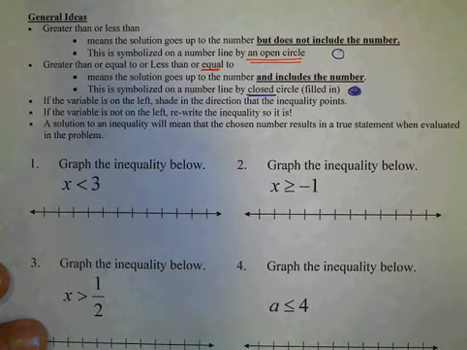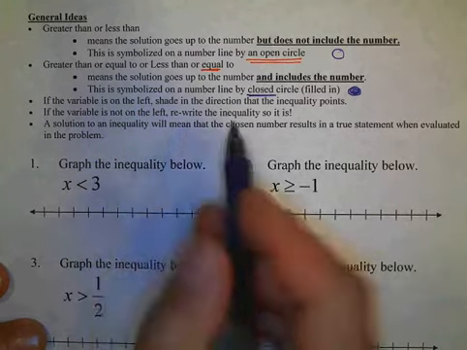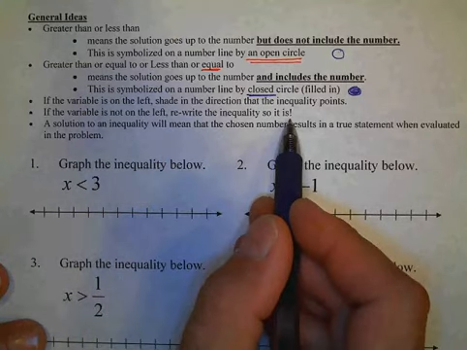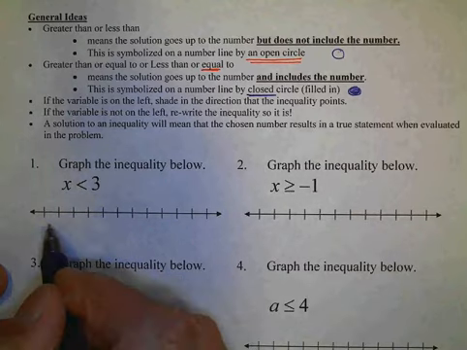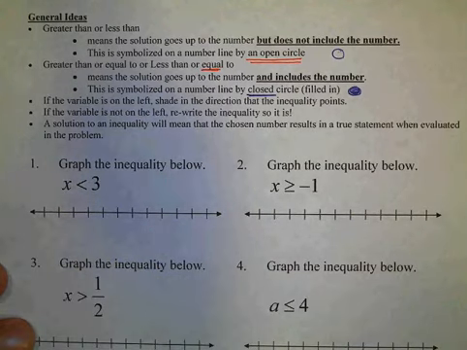If the variable is not on the left, we're going to rewrite the equation so it is. It's not too hard. And lastly, a solution means that number is in the shaded section or in the true statement when we evaluate it in the problem.